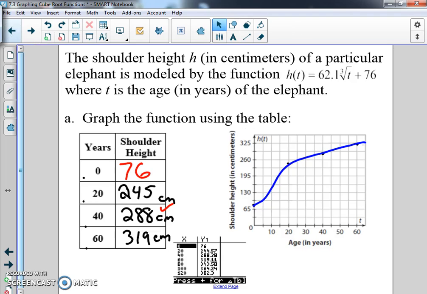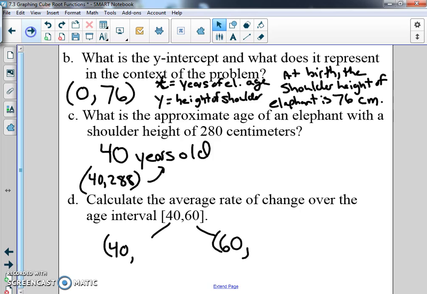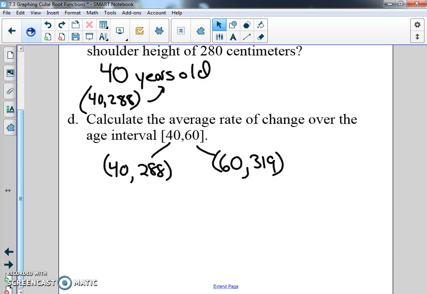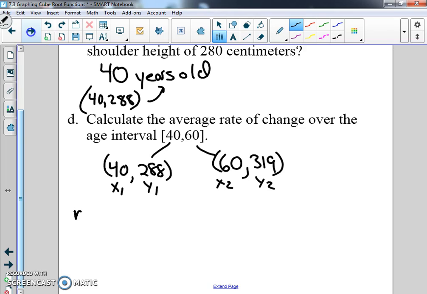At year 60, my height is 319 centimeters. So I have the point 40, 288, and I have 60, 319. To find our rate of change, we just remember this is x1, y1, x2, y2, and we know that our rate of change is the slope, so it's going to be y2 minus y1 over x2 minus x1.